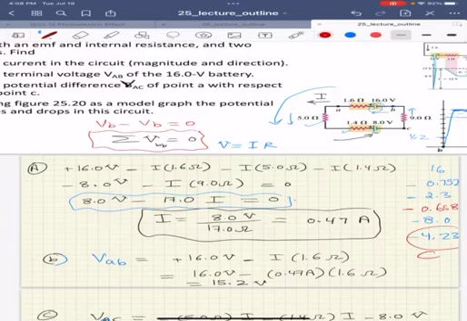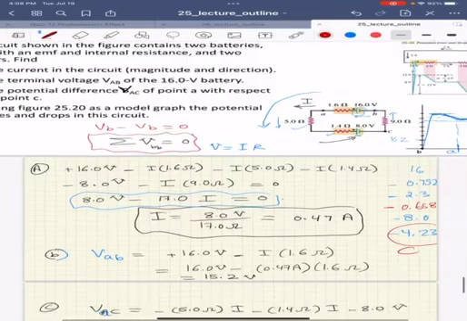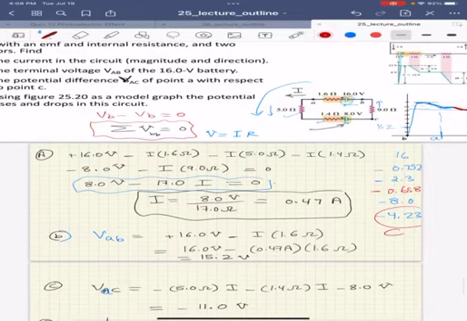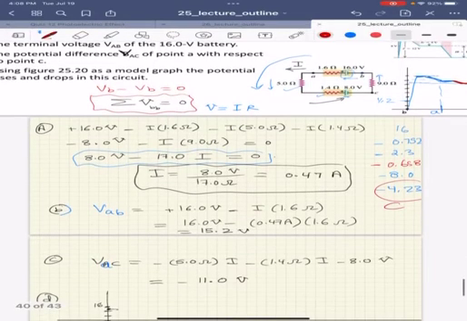I collect the terms, and I is 8 divided by 17, which is 0.47 amperes. For part B, to calculate VAB, going from B, it is 16 volts minus I times 1.6 ohms, and that gives 15.2 volts.